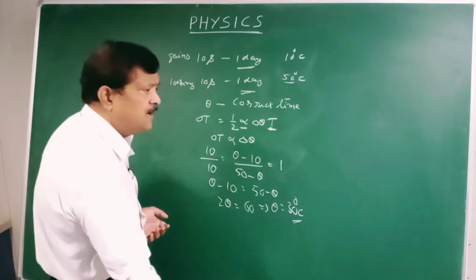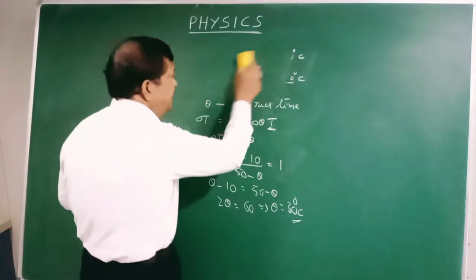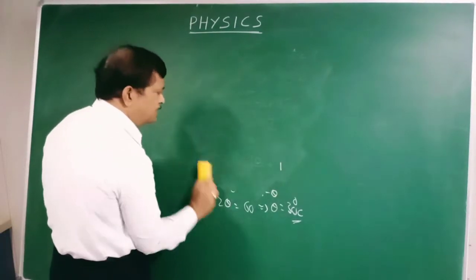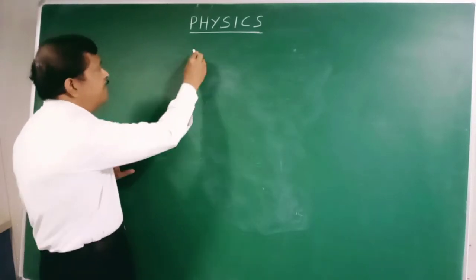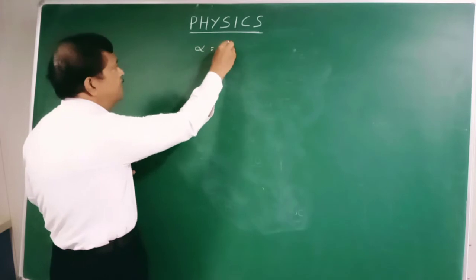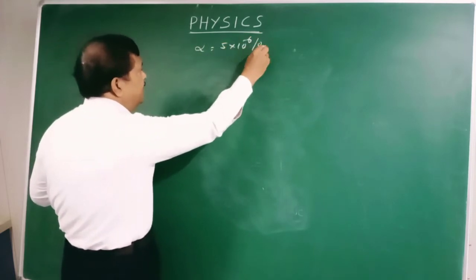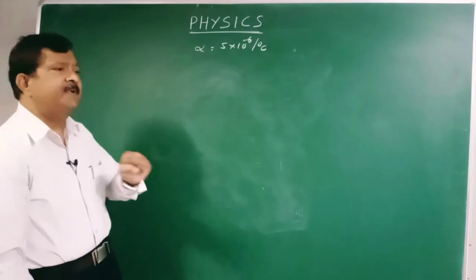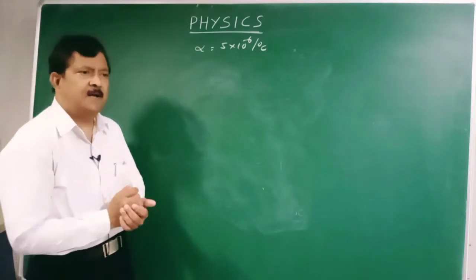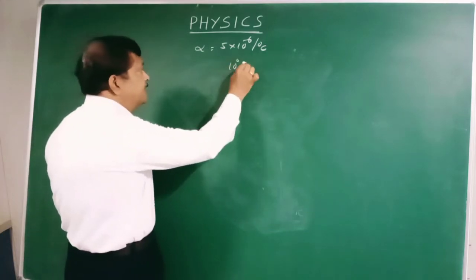And sometimes there is another possibility. Let us consider one more numerical here itself. Suppose there is a pendulum clock made up of a material with alpha equal to 5 into 10 power minus 6 per degree centigrade. That is the value of alpha. Now I am taking a pendulum clock which shows correct time at a temperature of 10 degrees centigrade.